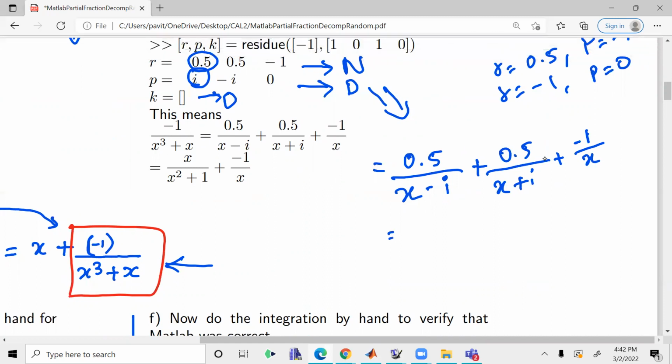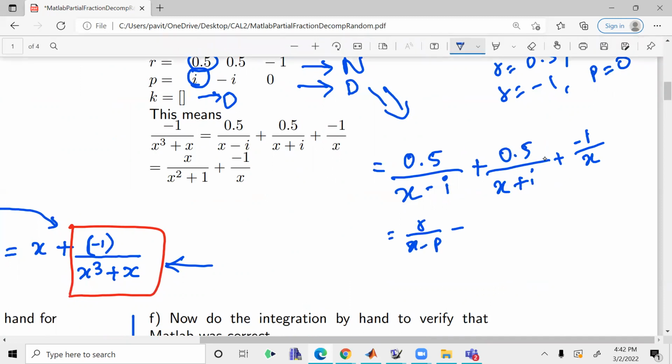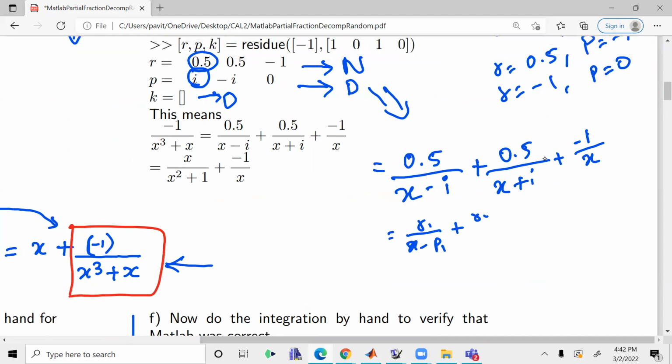Okay, the formula is R divided by x minus P, plus R2 divided by x minus P2, plus R3 divided by x minus P3, plus K. You don't have to worry about this because K is 0.